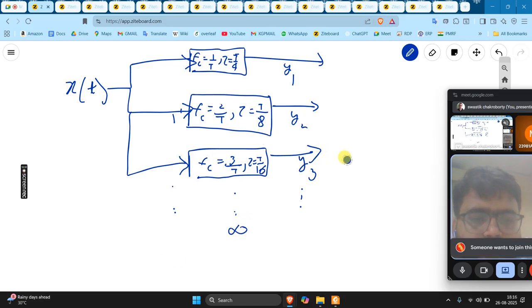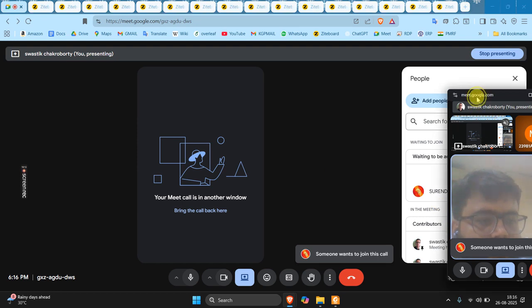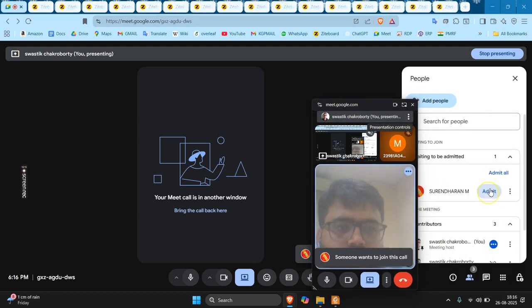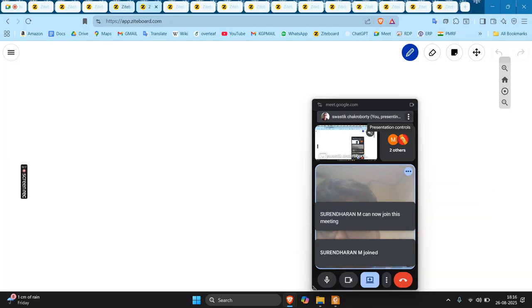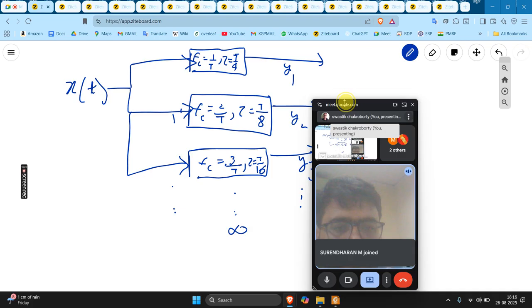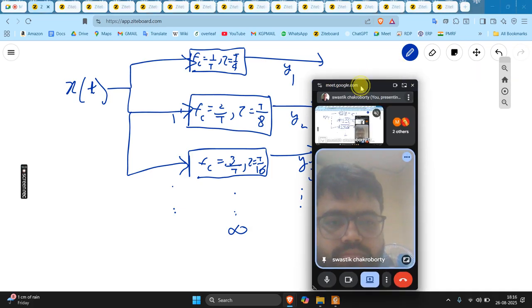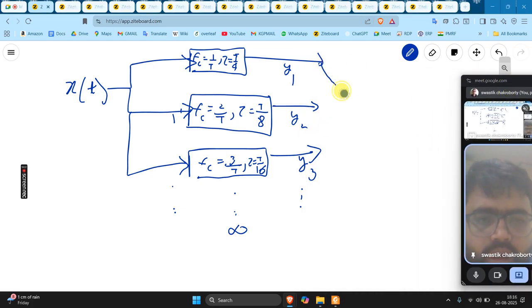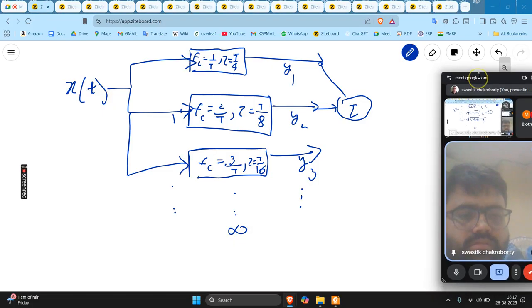There are infinite such filters, and all the outputs from all of them are combined to one sum. Now this sum is y(t).